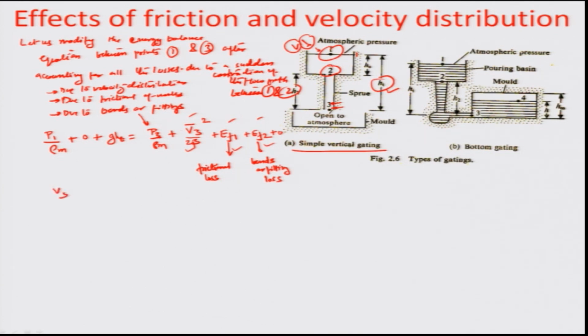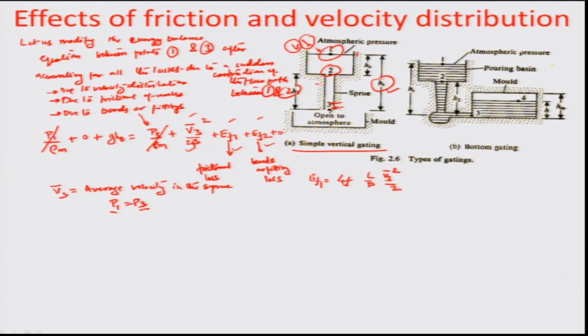V3 is really the average velocity in the sprue, and I also further assume that the mold is open to the atmosphere. So, P1 and P3 are similar to each other, because of which the pressure heads get cancelled out, and I can further write down the EF1 as the total amount of friction loss, which is actually given by 4 f L by d times V3 square by 2.